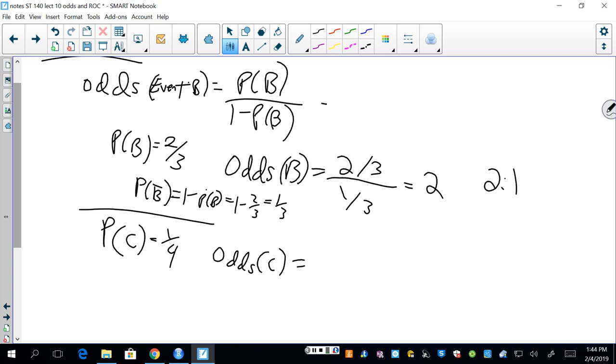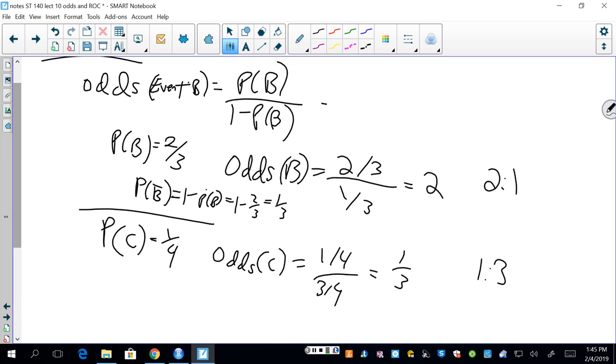Yeah, 1/4 over 3/4, exactly. 1/4 over 3/4. And so now the odds is 1/3, right? Or 1 to 3. 1/4 yes, 3 times as much no. So it's 1 to 3.